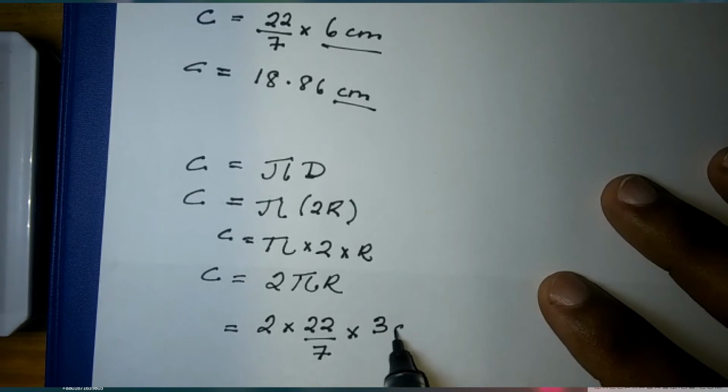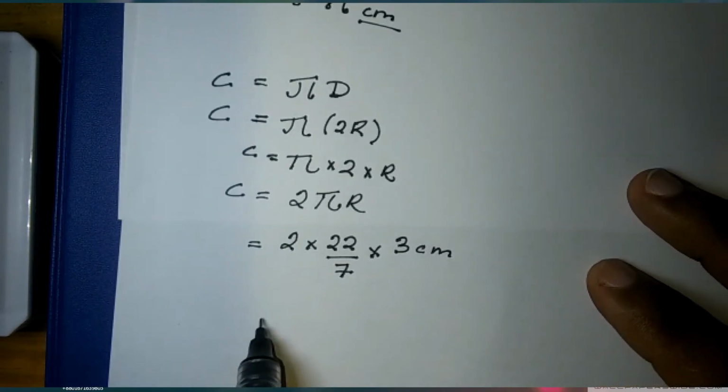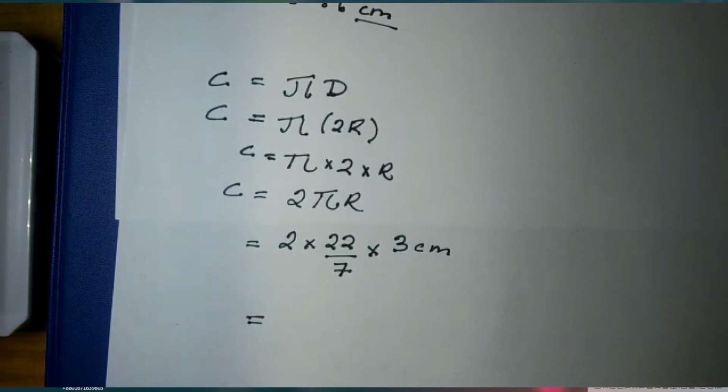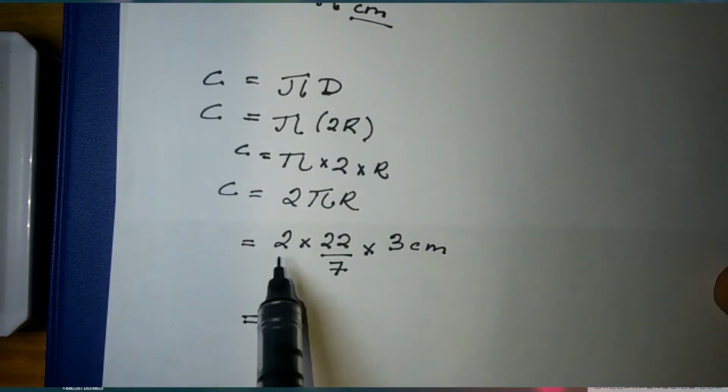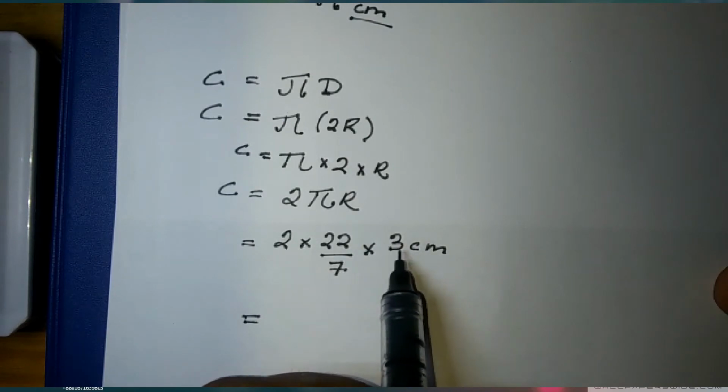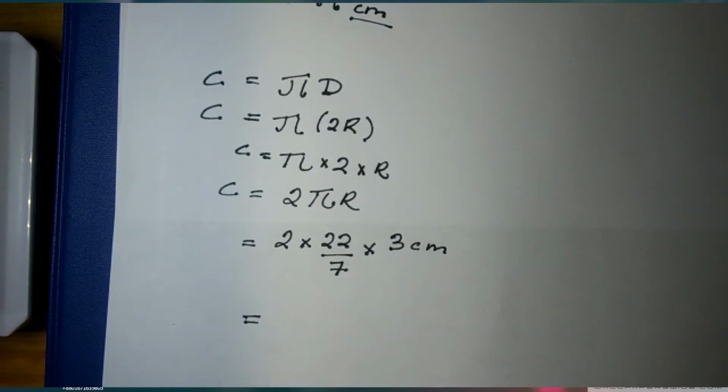So my radius will be 3 centimeters now. So all I would have to do is to multiply everything. And if you notice, 2 times r, which is 3, will give us the 6. But this is just if we were given the radius. So you can calculate it using the radius, and you can calculate it using the diameter.